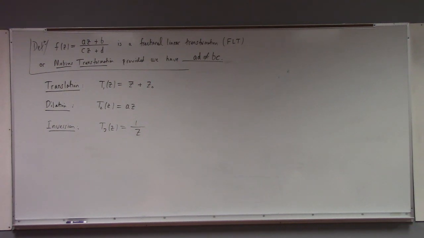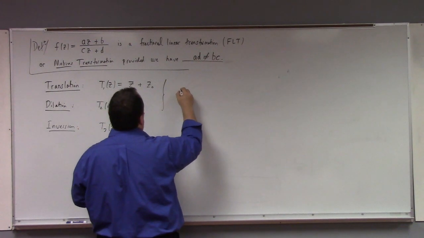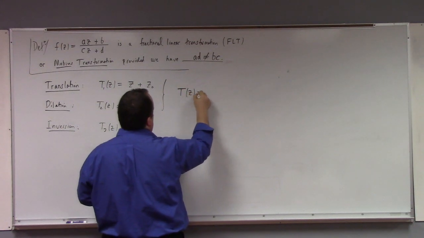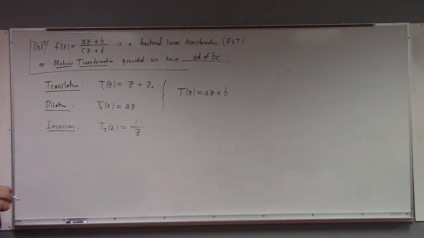And you can actually show that you can write an arbitrary fractional linear transformation as a composition of these three things, right? Can you guys see how? Yeah? No? Okay. First of all, if you have these two things, you can put them together. You can build things like AZ plus B. Anytime you have a linear map, that is a composition of a dilation and a translation.